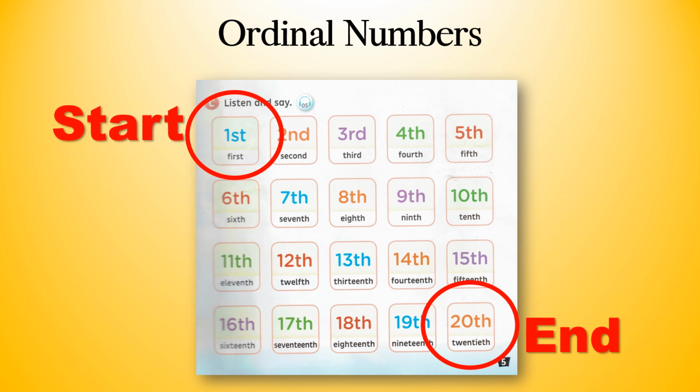E, L, E, V, E, N, T, H. TH, TH, TH. 11th. So it is TH. 12th, 13th, 14th, 15th, 16th, 17th, 18th, 19th, and 20th.